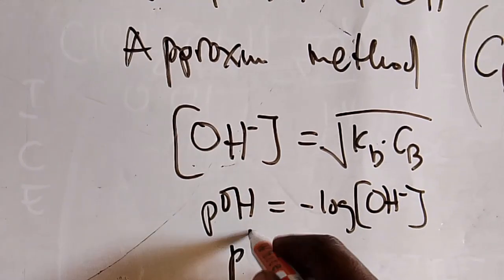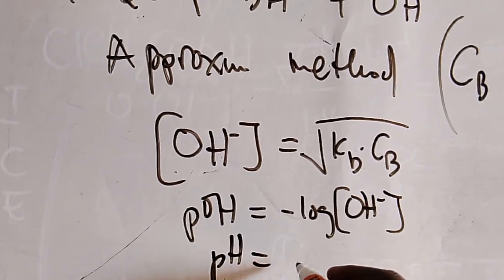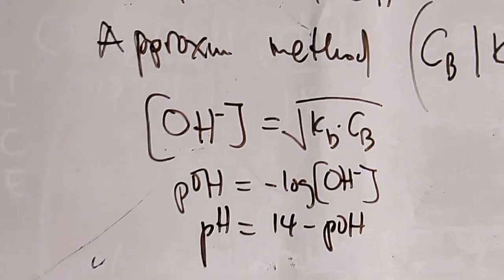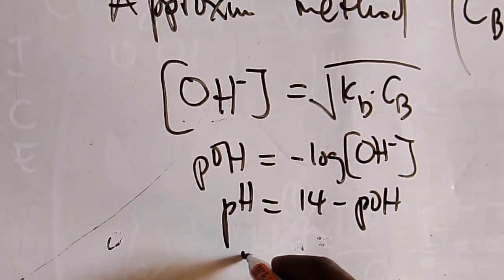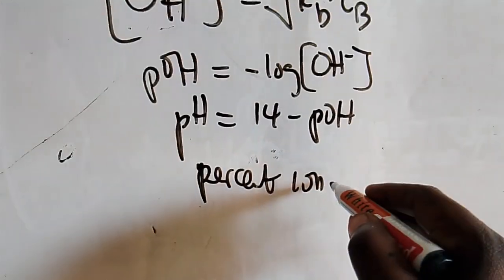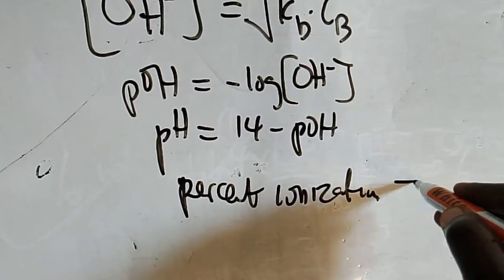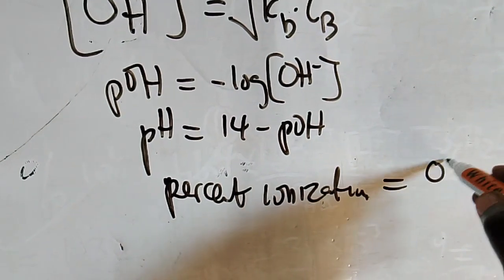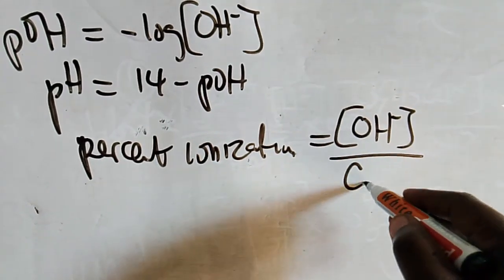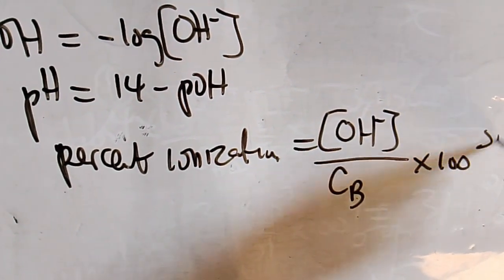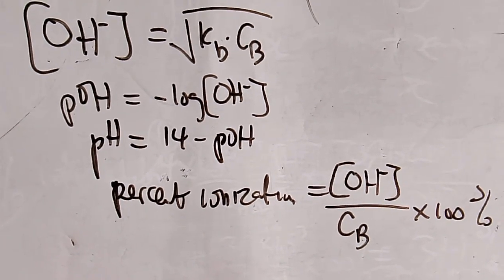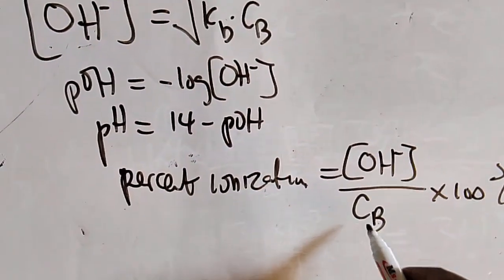Then pH is equal to 14 minus pOH. We can also calculate percent ionization, which is equal to the concentration of OH over the concentration of the base, Cb, times 100.